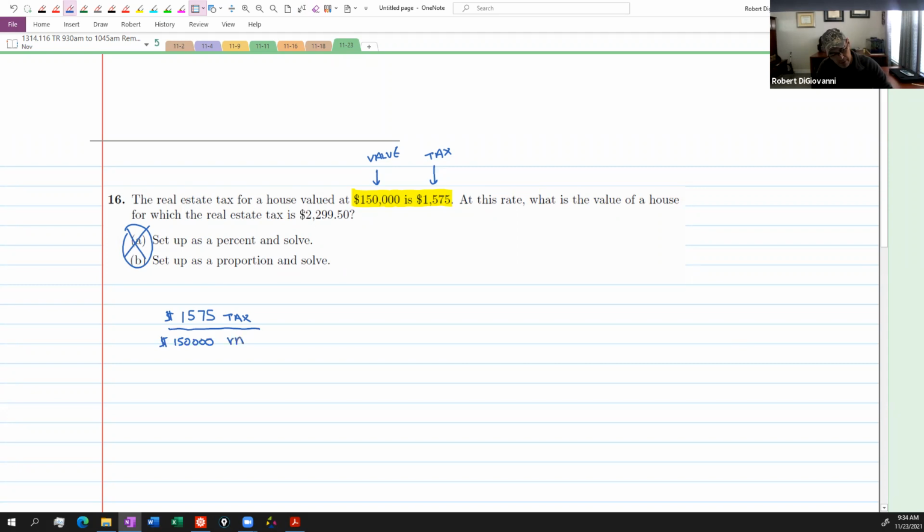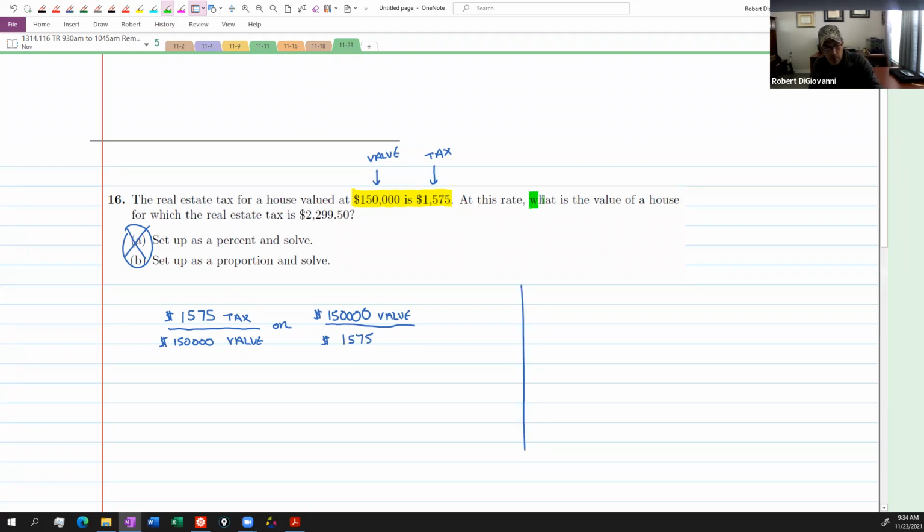I'll just say the value of the home. Or you could write it the other way around, $150,000 in value of the home over the tax, which is $1,575. All right, and then from there, you go look at what you're trying to find.